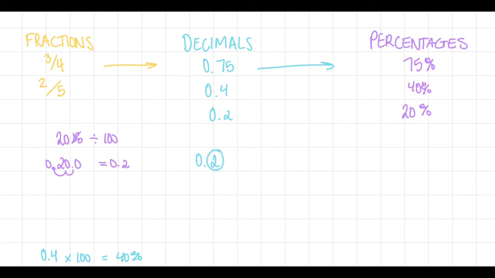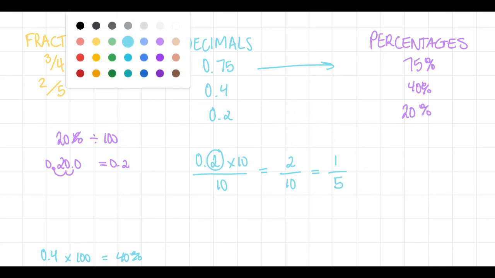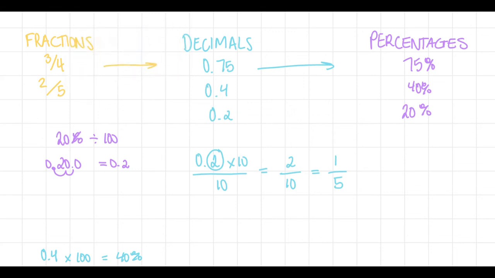We have 1, the 2, which means that we can multiply by 10 and divide by 10, because this top part will give us 2 as a whole number. The divided by 10 stays the same. Then we can cancel out. 10 divided by 2 is 5, and 2 divided by 2 is 1. So we get 1 over 5. And that is our fraction.